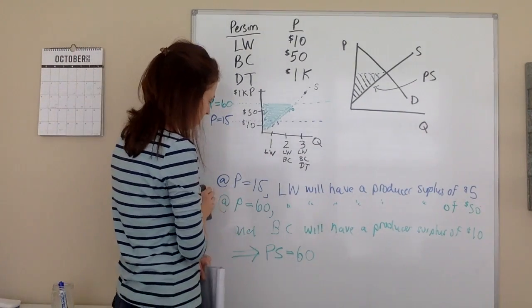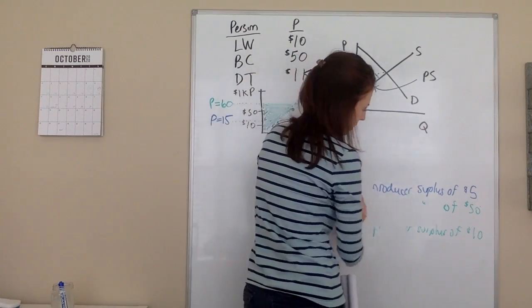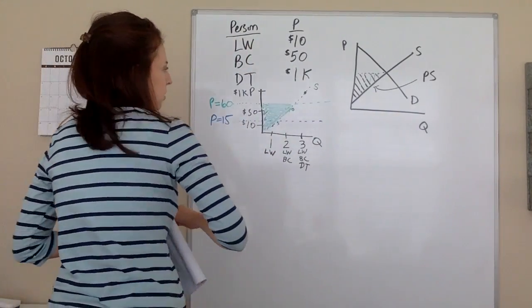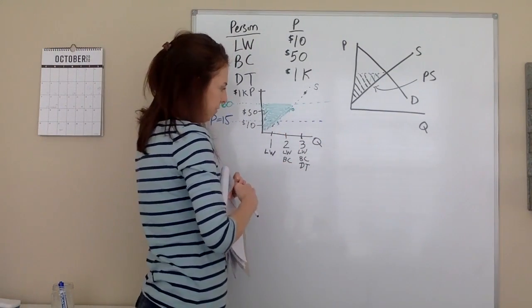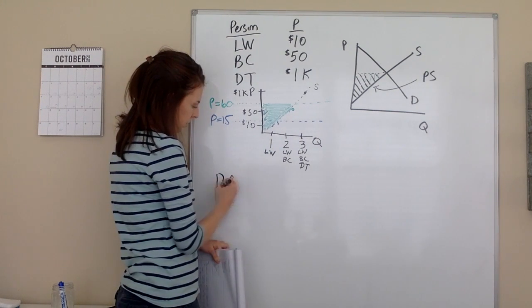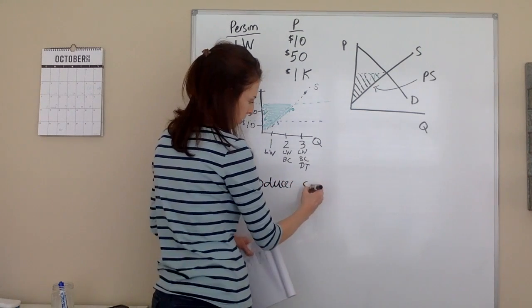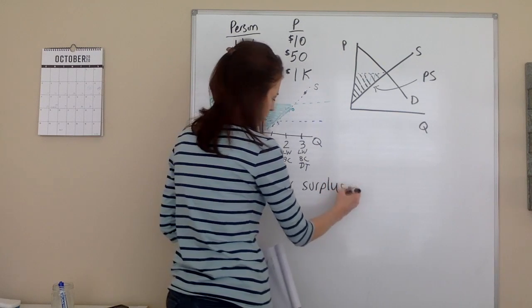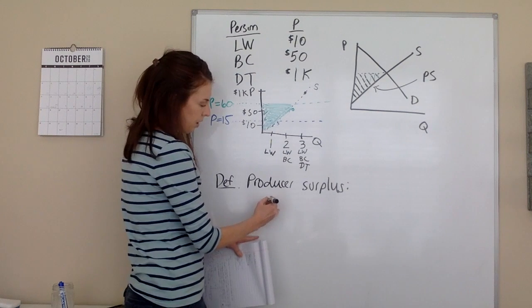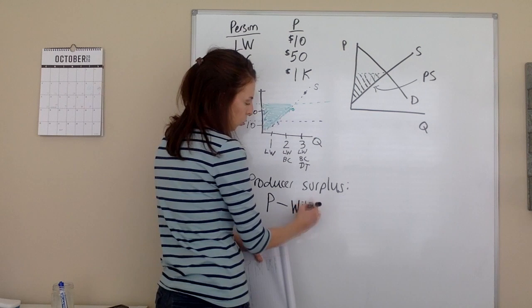Okay, so let me write out a couple things so you make sure to have it in your notes. Let's think about how we define producer surplus. So this is the official definition. The definition of producer surplus is going to be equal to, I'm just going to write this in math terms, the price minus the seller's willingness to sell.